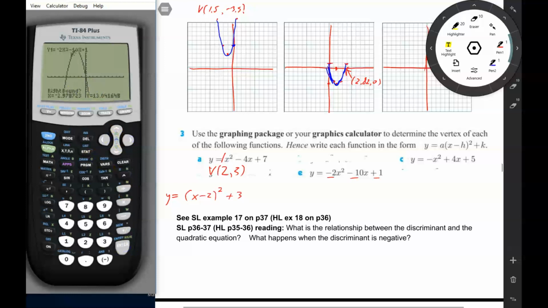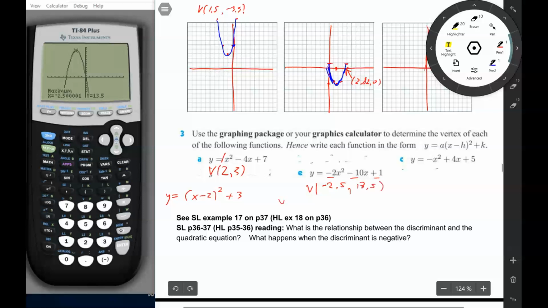Then I go to the right of the vertex. Enter. Guess, press enter. Doesn't matter where guess is. So the max is negative 2.5 comma 13.5. So I'm going to write that down. Negative 2.5 comma 13.5.